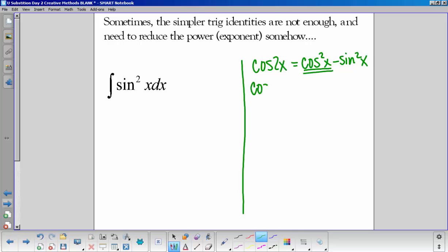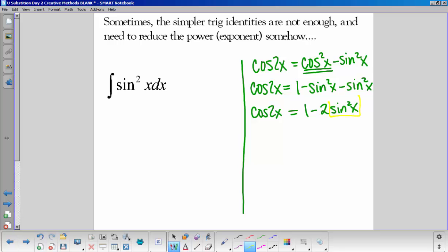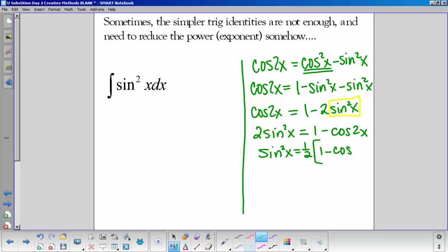So I'm going to make this cosine 2x equals 1 minus sine squared x minus sine squared x, equals 1 minus 2 sine squared x. And now I'm going to solve for sine squared x. So I'm going to add the 2 sine squared x to this side, and then move the cosine over, and then divide by 2. But I'm going to leave the 1/2 on the outside, because it's a constant, correct?